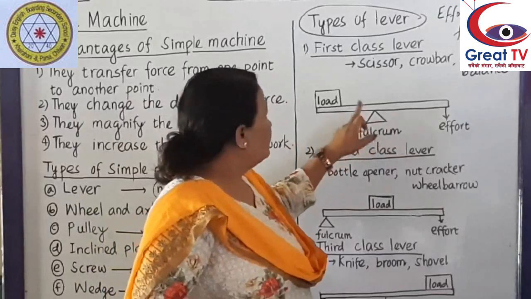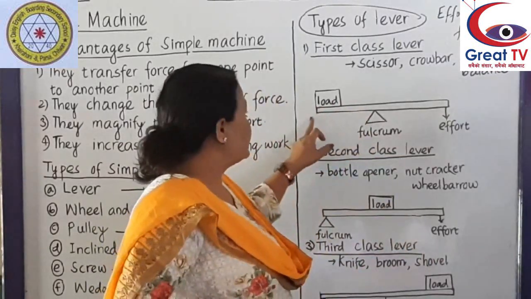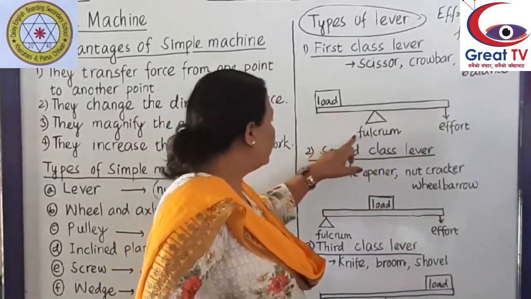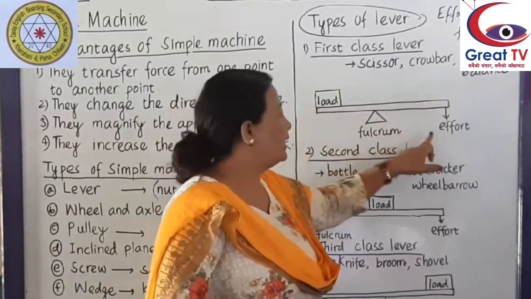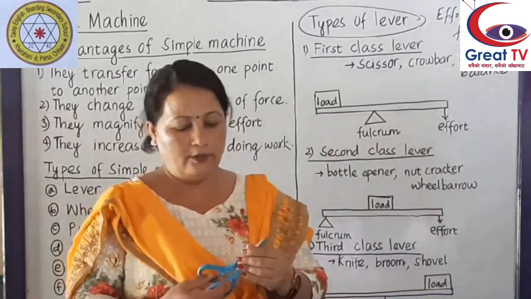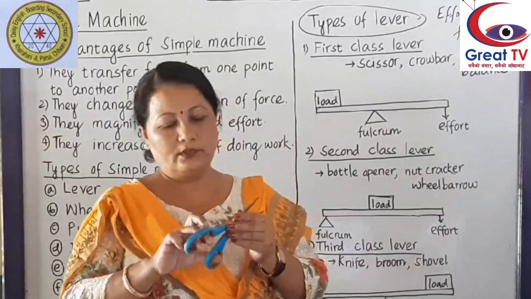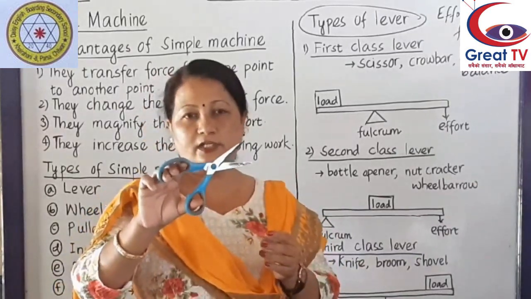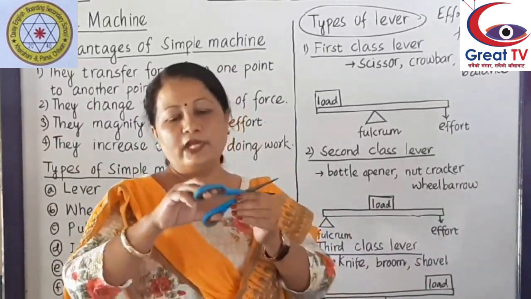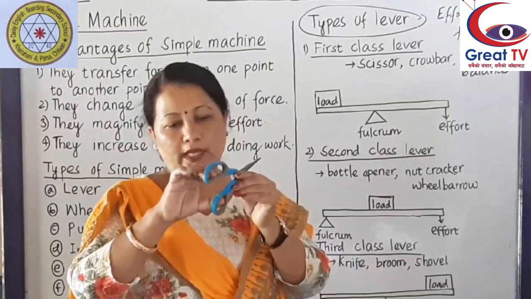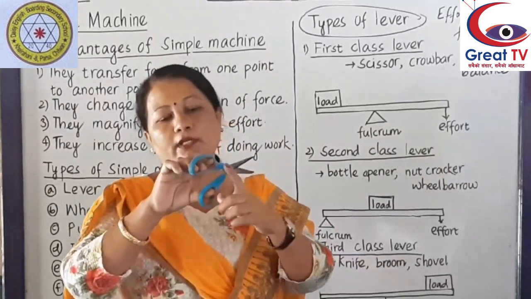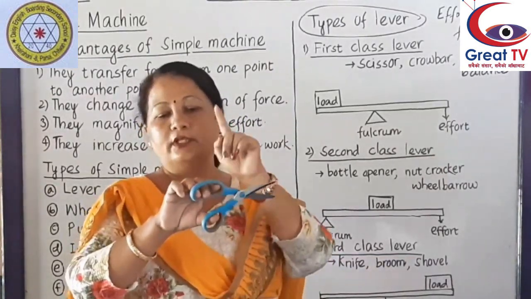First class lever is that lever in which the fulcrum lies in between load and effort. Now I am going to show this one is a scissor. This tool is a scissor. We apply force at this point, so this point is called effort.